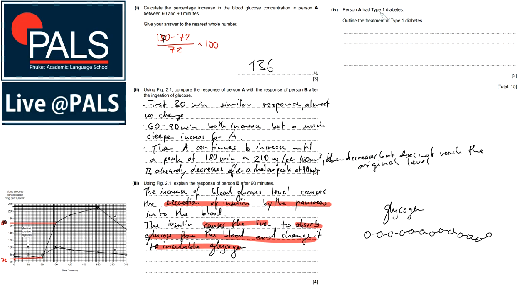Person A had type 1 diabetes. Outline the treatment of type 1 diabetes. Type 1 diabetes is genetic, which means the body is not able to produce insulin anymore, so therefore treatment is taking insulin via injection or a small pump.